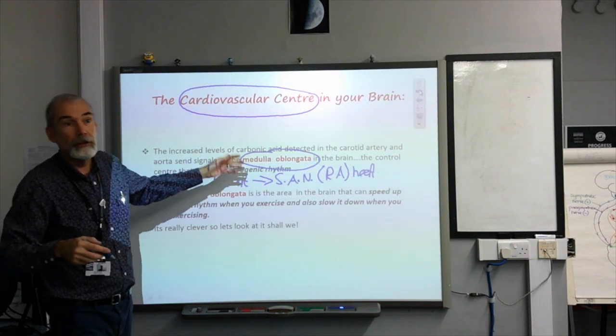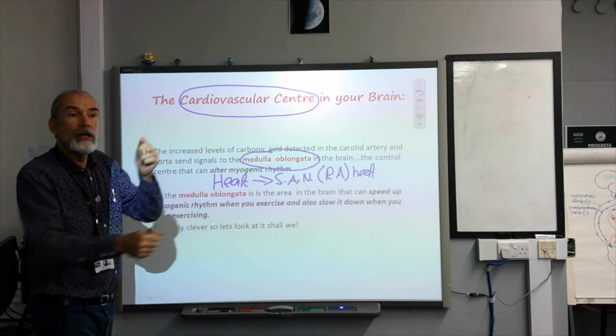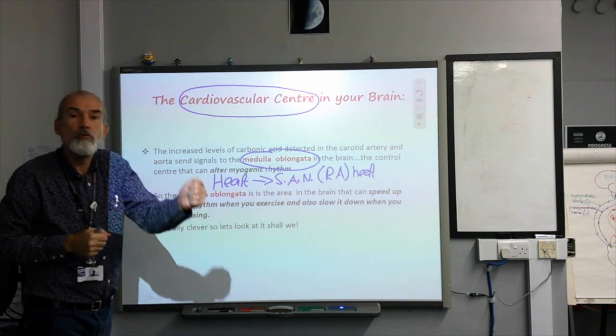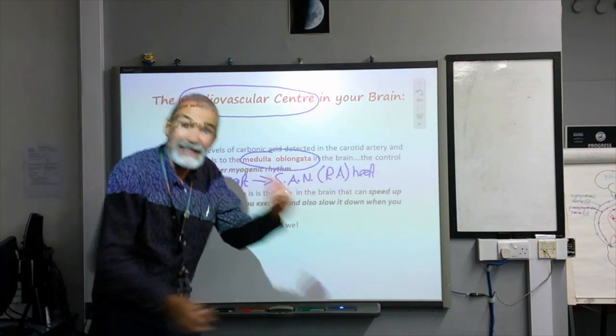Now all of a sudden, that 60 times a minute that it's beating isn't sufficient as a cardiac output to get rid of all that carbon dioxide that's building up because you are exercising.